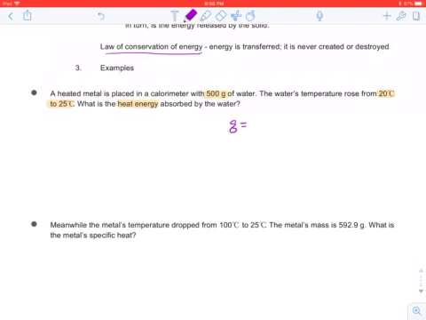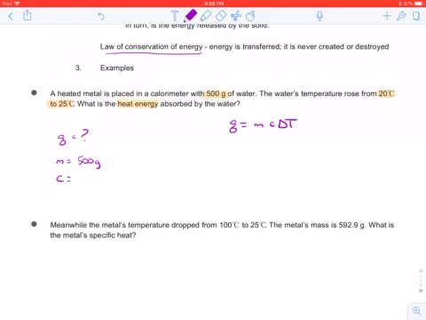So let's use our formula Q equals MC delta T. Q is our heat, that's what we're looking for. M is our mass, and that is 500 grams.